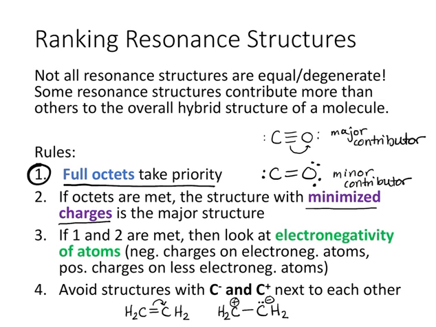But we don't want that because carbons prefer to be neutral. So that would be a very minor contributor to the hybrid structure. And this structure on the left would be the major contributor to our structure.